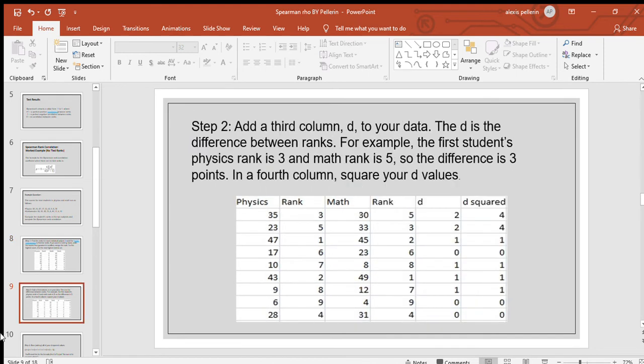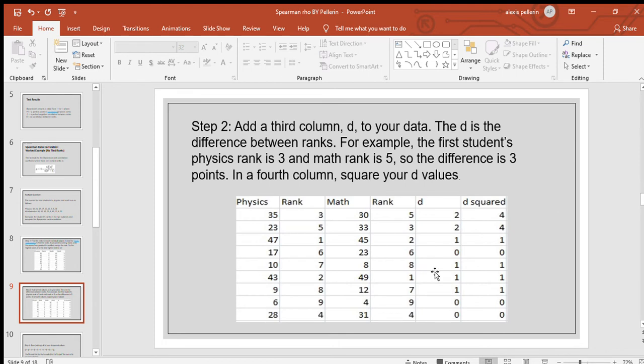So step 2, add a third column, the d, or the difference, and then d squared, or the square of the difference. The d is the difference between ranks.